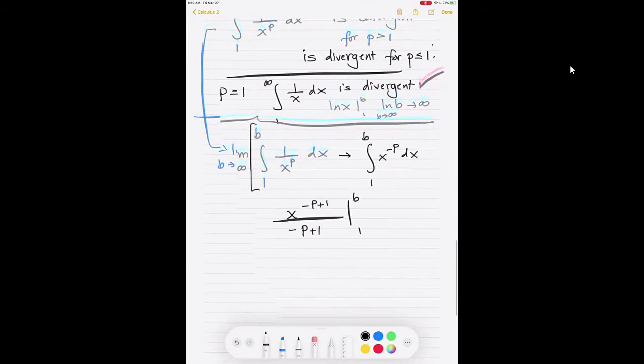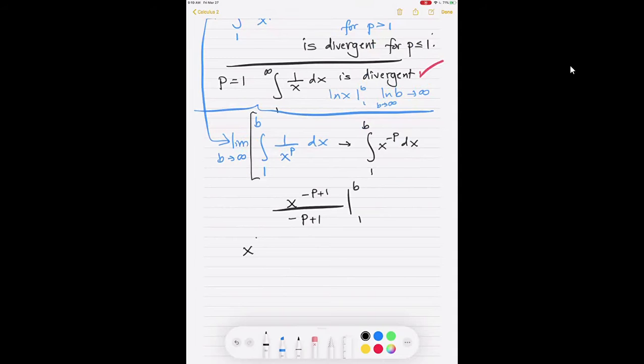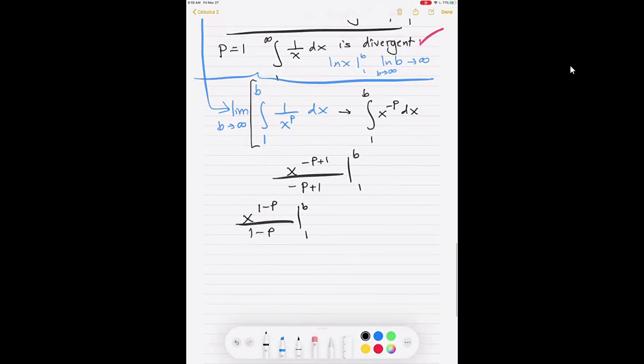I'm just going to write this in a nicer way: x to the 1 minus p over 1 minus p, from 1 to b. And so this is going to be b to the 1 minus p minus 1 to the 1 minus p, over 1 minus p. And we are supposed to take the limit as b approaches infinity.